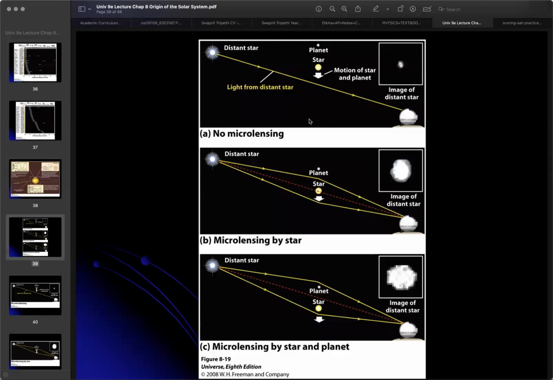Sometimes when a star passes in our line of sight, when we are looking at a distant star, it distorts the image of the star and makes it brighter. But after the first fluctuation of brightness, if there's another minor change, that means there's another small body that passed in our line of sight, and that is a planet around that star. That is microlensing.